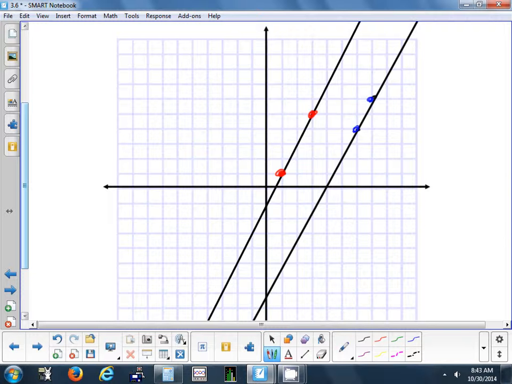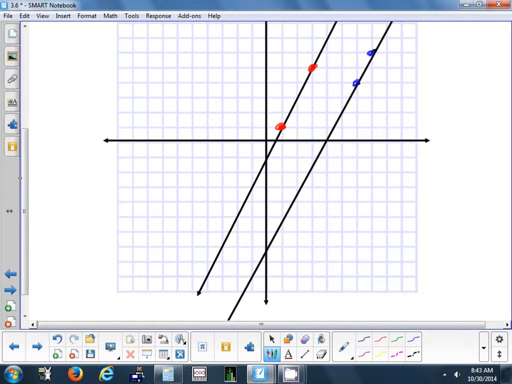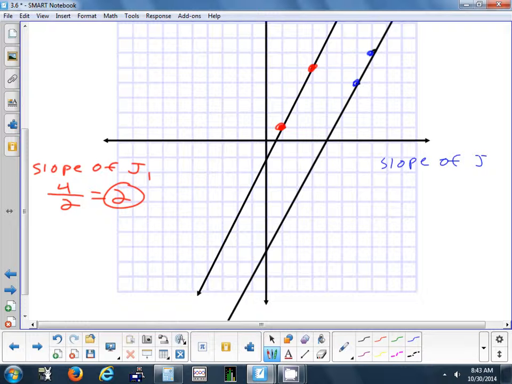So you're going to go up 4 and right 2. So let's figure out the slope of J1. It's 4 divided by 2. This gives me a slope of 2. Right, now let's do the slope of J2.